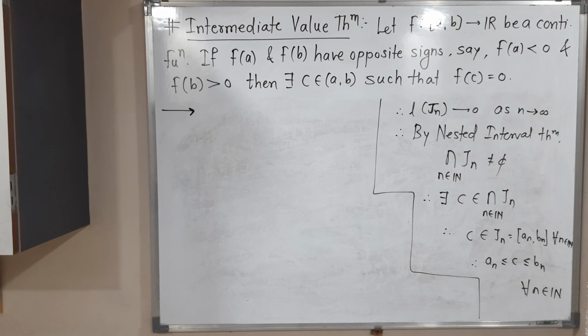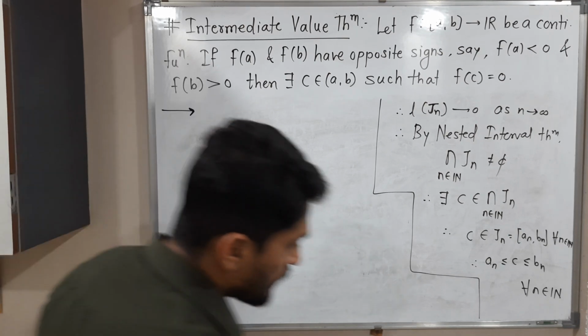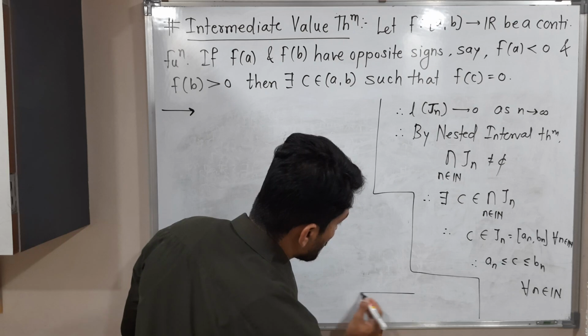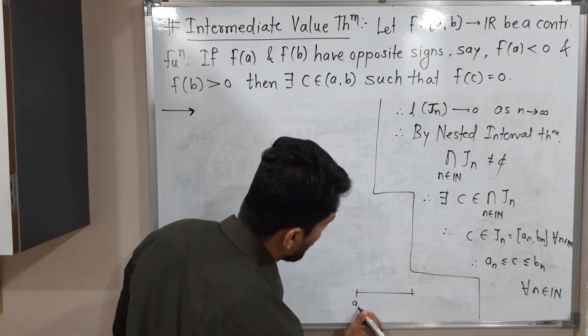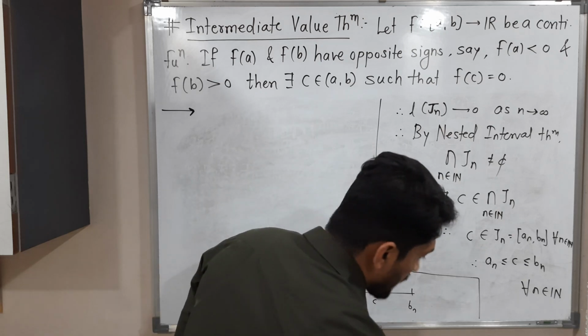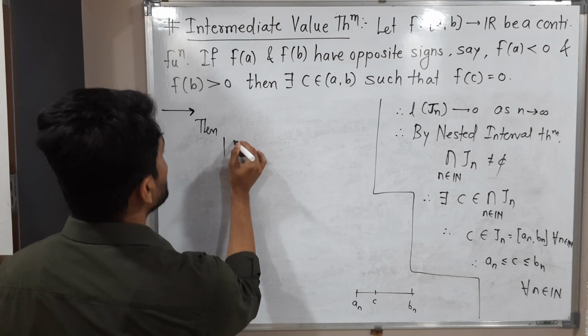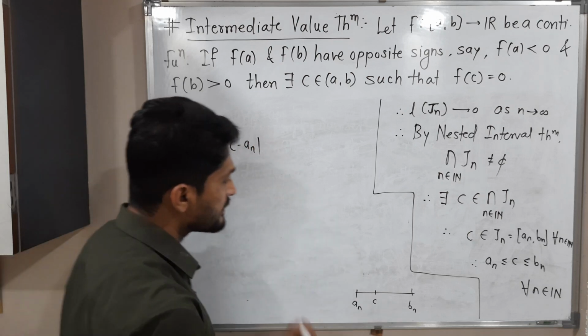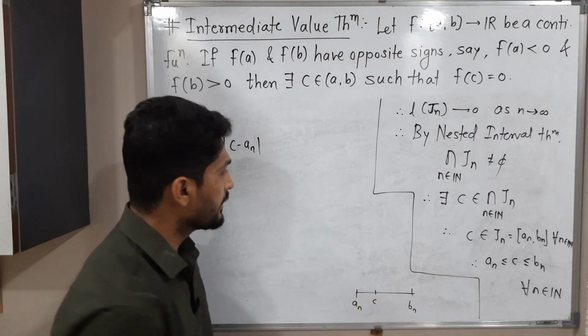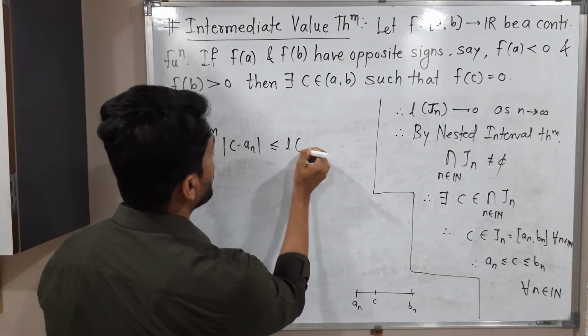Let us focus on the situation we have. This is the interval Jn, an and bn, and we have some point c between them. Then obviously mod c minus an, that means the distance between c and an, is less than or equal to the length of Jn.